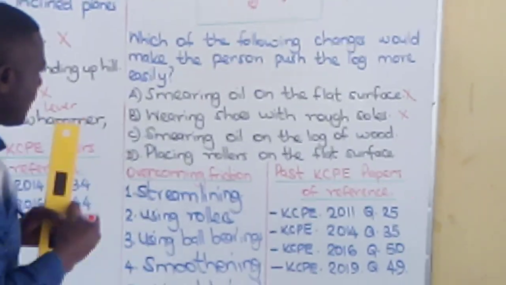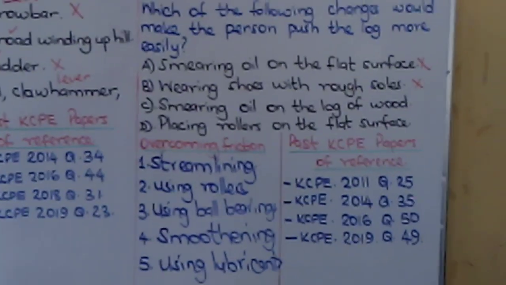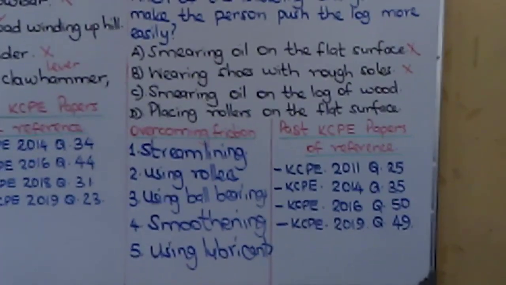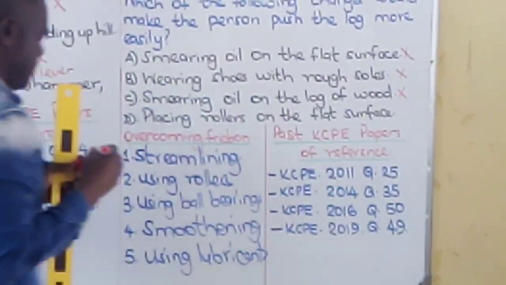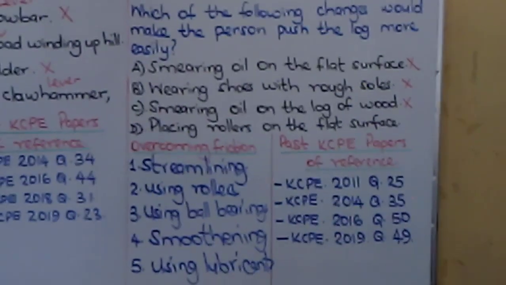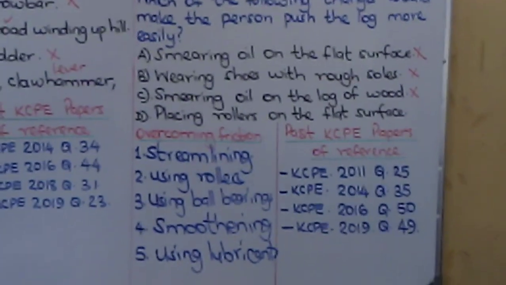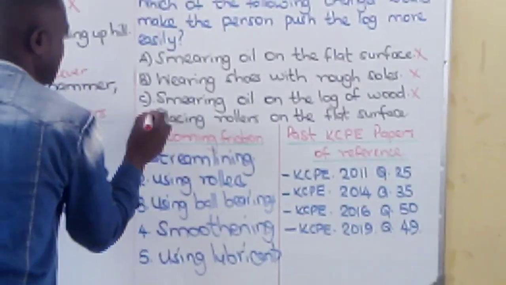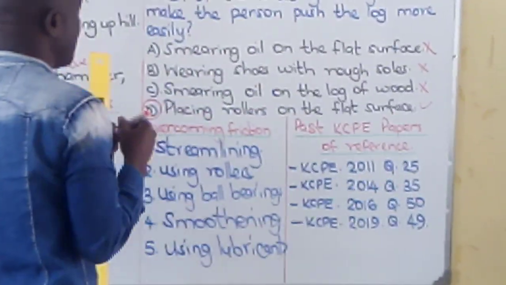Smearing oil on the log. Again, when you smear oil on the log, you will make it skid. So that one is not helping us. Placing rollers on the floor. Very well. That becomes the right answer. Placing rollers on the floor becomes the right answer.